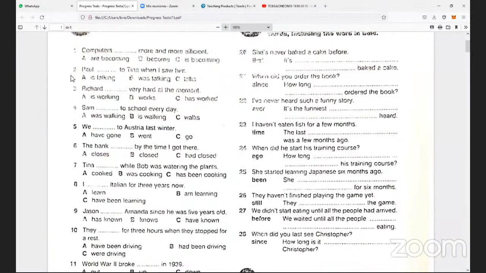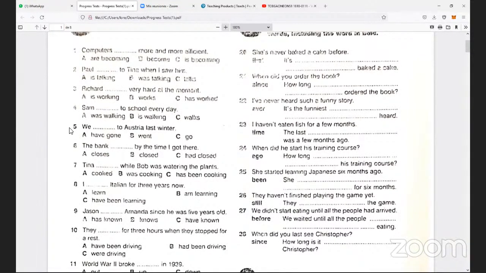Number 2, Paul was talking to Tina when I saw him. Perfect, very good. Number 3, Richard is working very hard at the moment.